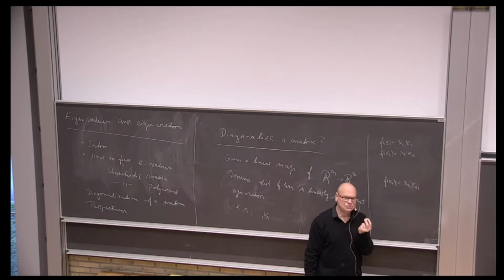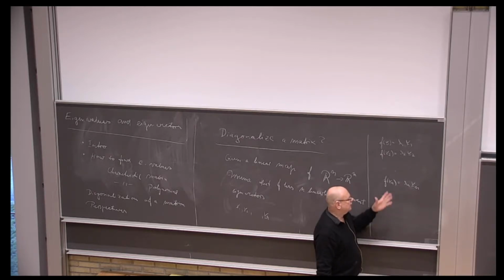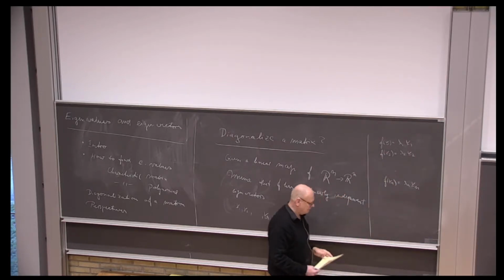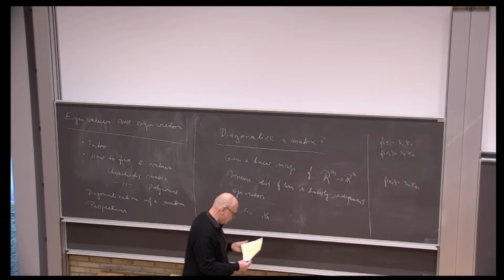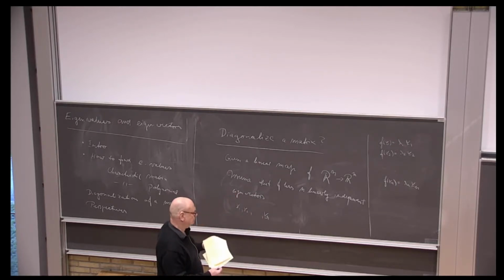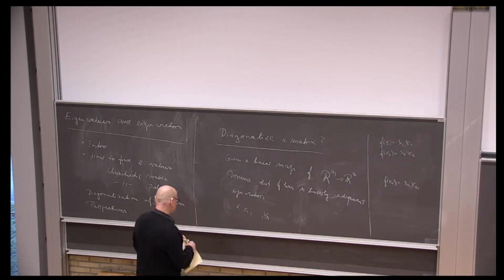So you had 2 linearly independent eigenvectors corresponding to lambda1 equal to 1. But this assumption is not always true. You cannot always find n linearly independent eigenvectors. But now we assume that we can.